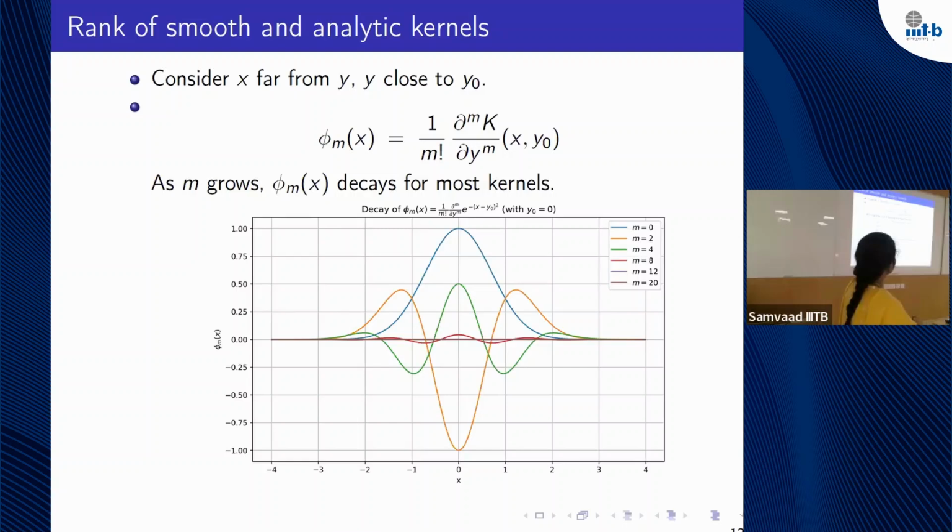If you see in this region, phi m decays a lot, and the decay is even higher for higher values of m. So in these regions, the values of phi m are very low. The takeaway from this figure is that phi m, as m grows, has a very low value.